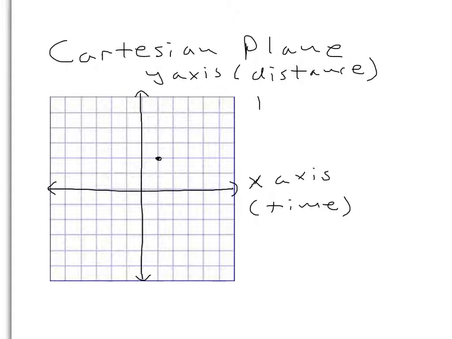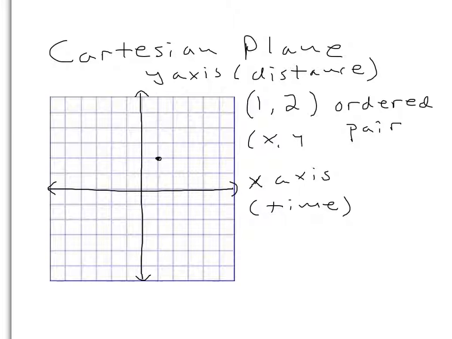The y coordinate, I went up 2 to get to that one, so the y-coordinate is 2. And you typically write those in an ordered pair because the x-coordinate comes first and the y-coordinate comes second.